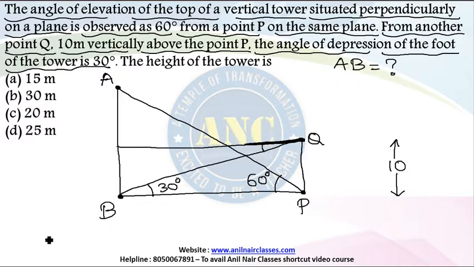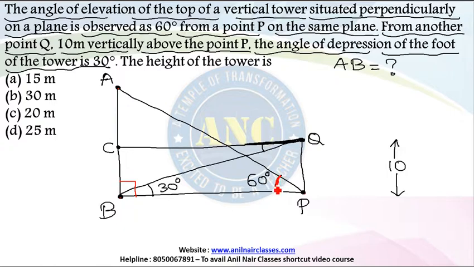Now see here, again a damn easy, beautiful question. This intermediate point, I will call it C. Now if I start solving this question, take triangle ABP. This is 90 degrees entirely, and this is 60 degrees given in the question.